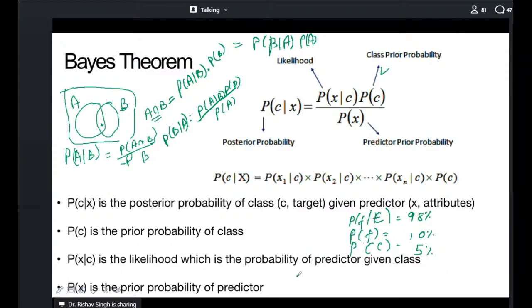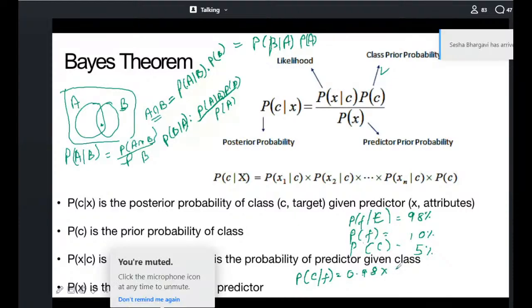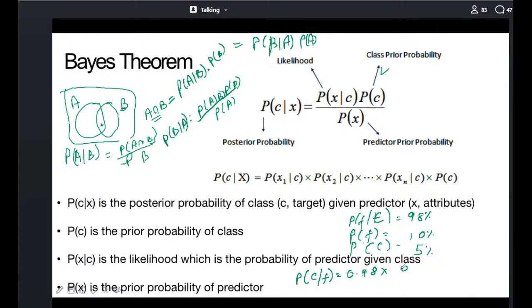So now this is given COVID, what will be the probability of the fever? If I want to find out the probability of a person being a COVID patient given it is a fever, that will be defined by 0.98 into 0.05 divided by 0.1.